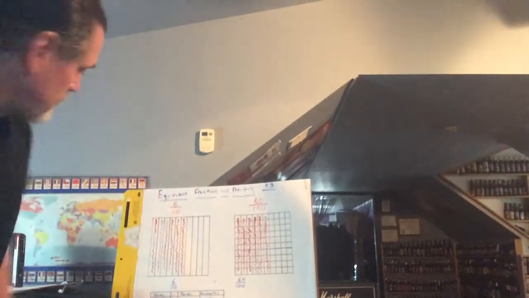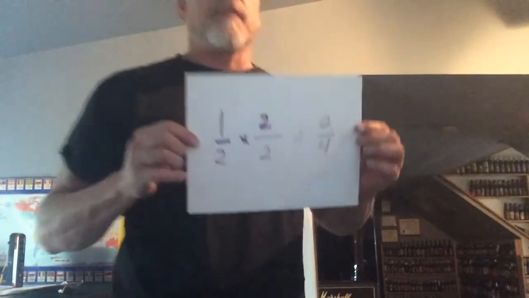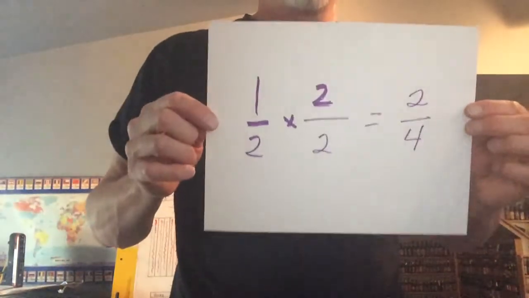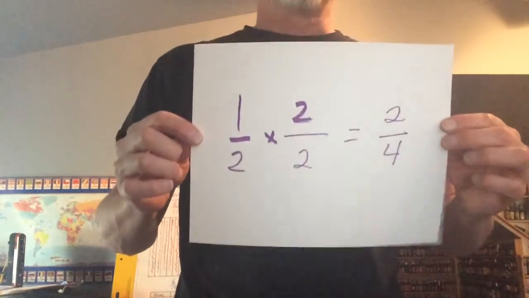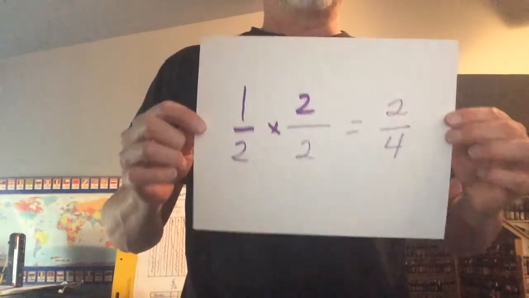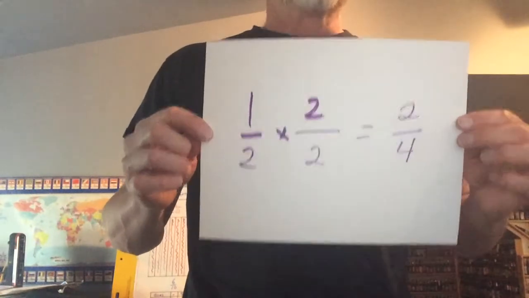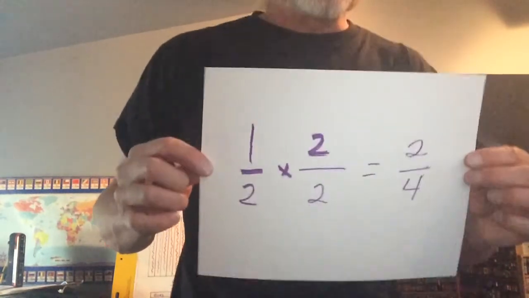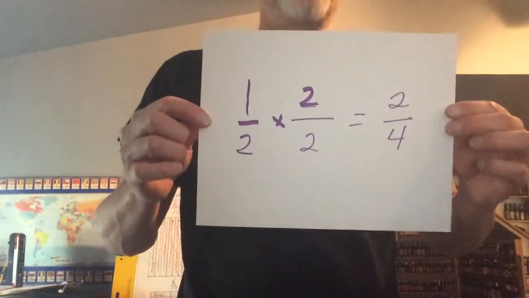Okay, now we've done equivalent fractions before, and just a review for you, to show you how to do equivalent fractions again. If you have the fraction 1/2, and you want to create an equivalent fraction to that, just multiply it by any fraction that has the same numerator and denominator. So if you have 1/2 and you want to find an equivalent fraction, multiply 1/2 times 2/2.